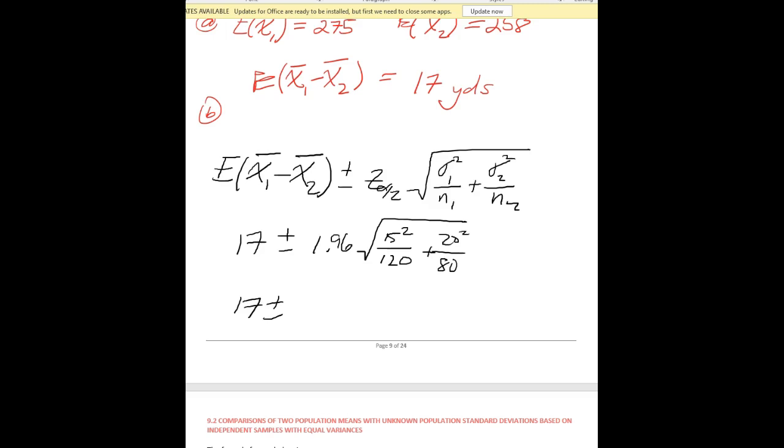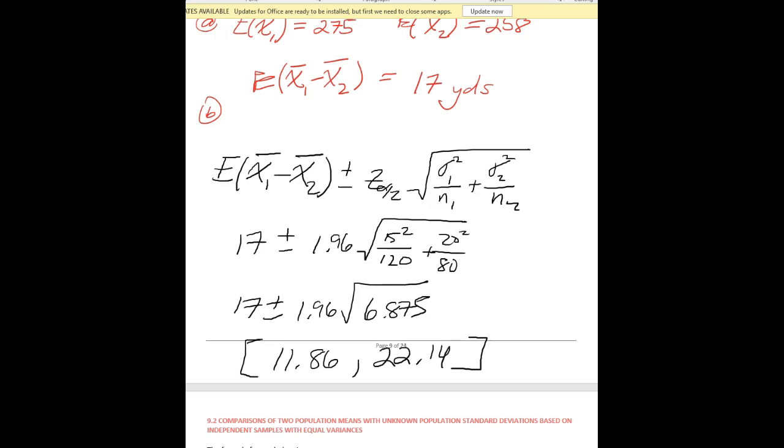And then this is all going to shake out to be 1.96 times the square root of 6.875, and then ultimately $11.86 and 22.14.